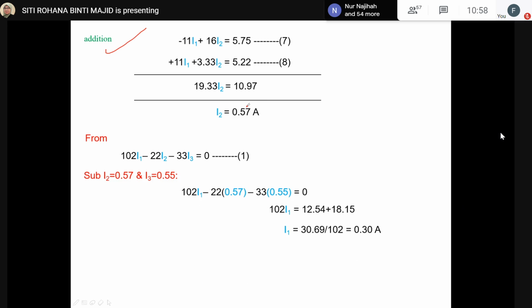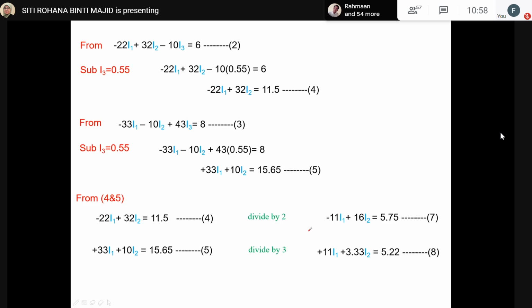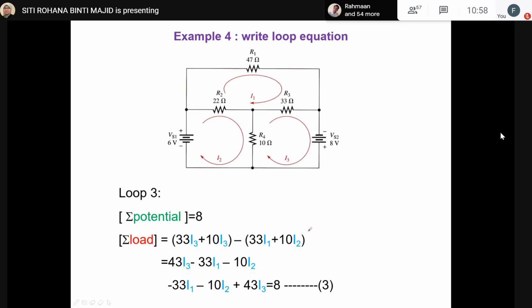Okay, so from equation 1, just now for loop 1, which is as here. So you just substitute I2 and I3 into equation 1, and finally you will get I1, which is 0.30. Or can we check back here?